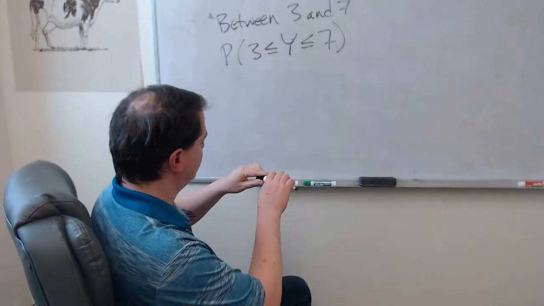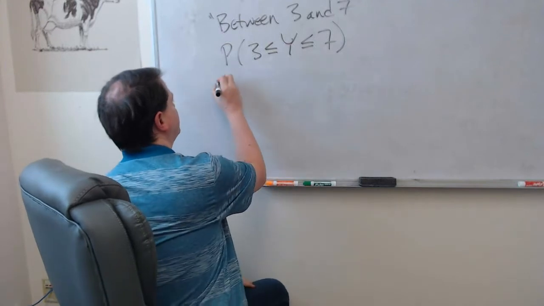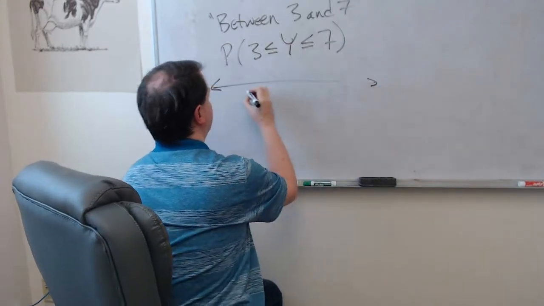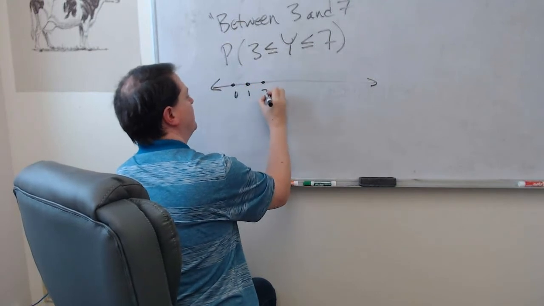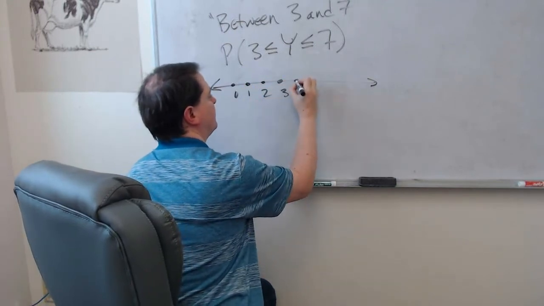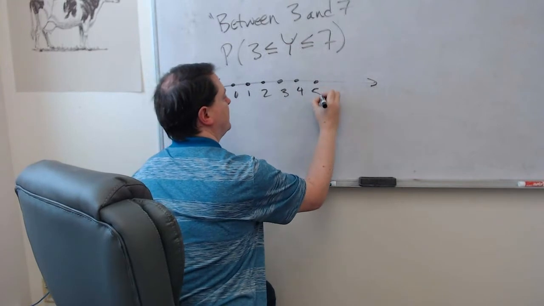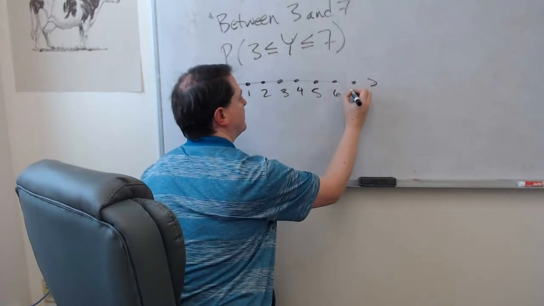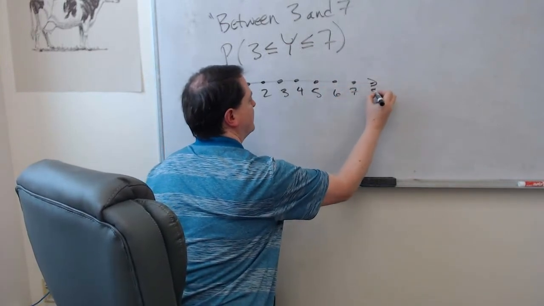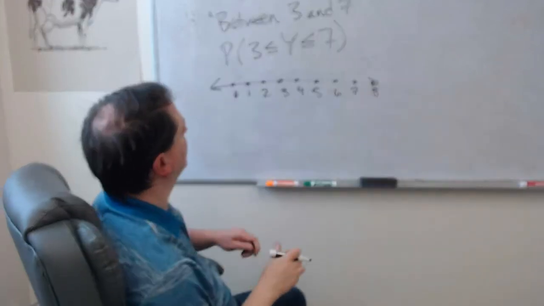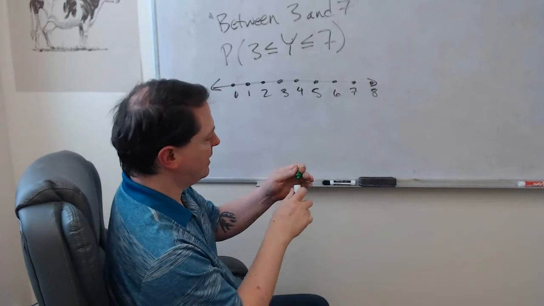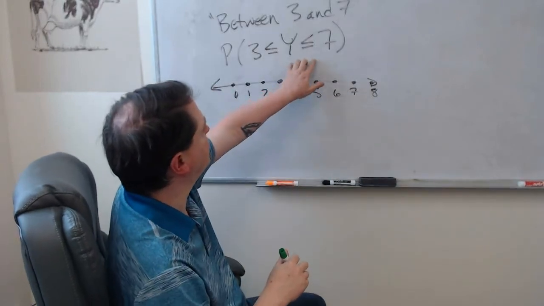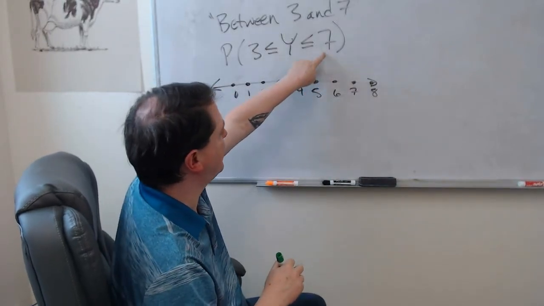Well, let me demonstrate, again with just a number line real quick here. So here's 0, 1, 2, 3, 4, 5, 6, 7, 8, and so on. Okay, so let me just see, what am I going to get if I just find the CDF value for 7?